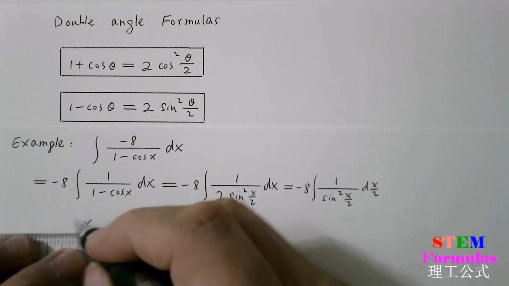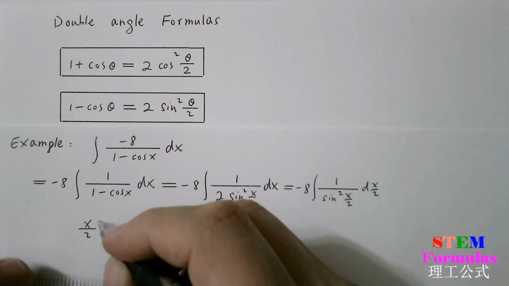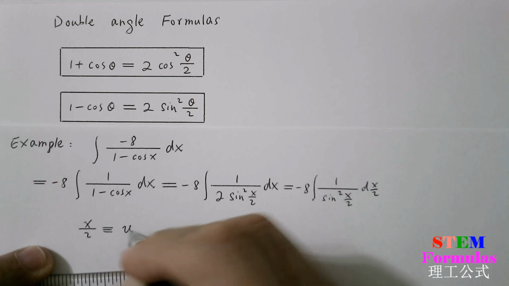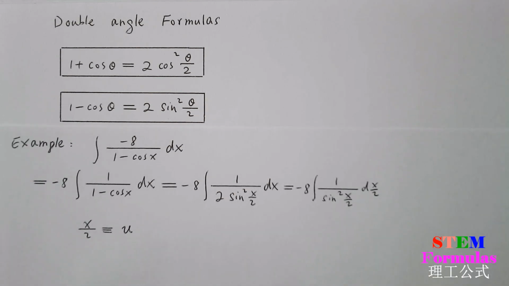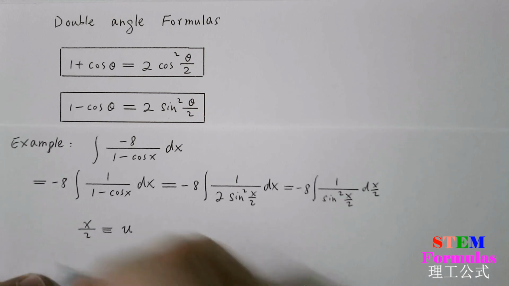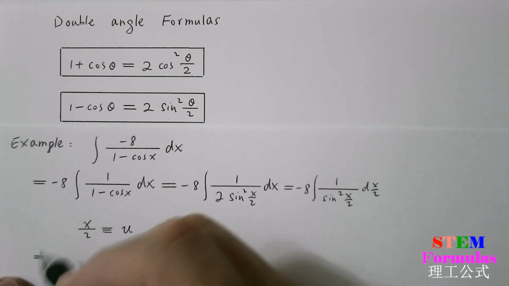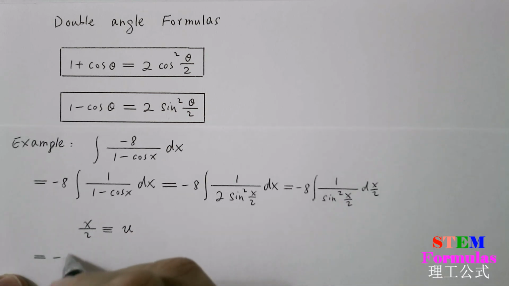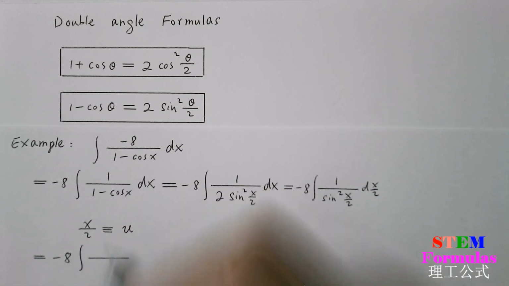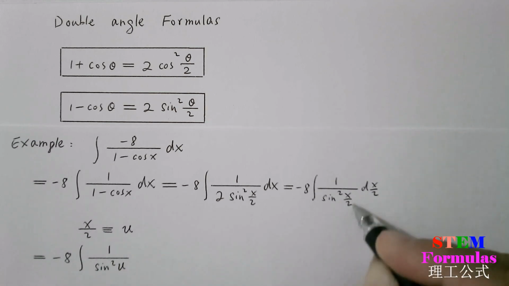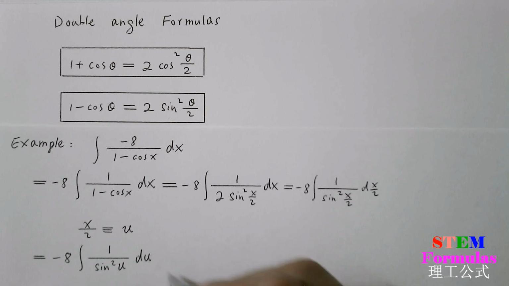I define x divided by 2 as a new variable u. Now, the original integral will be like this: minus 8 times the integral of 1 over sine u du.